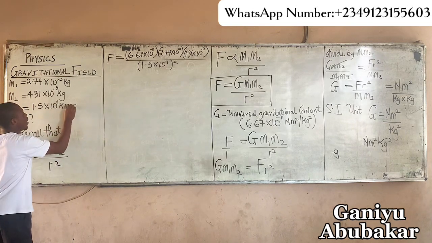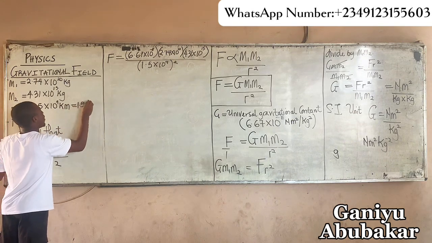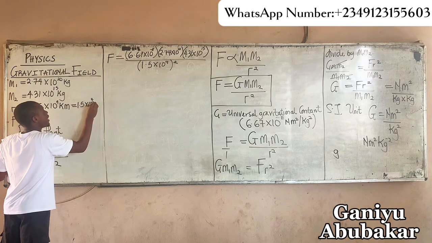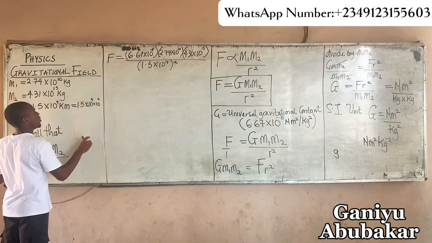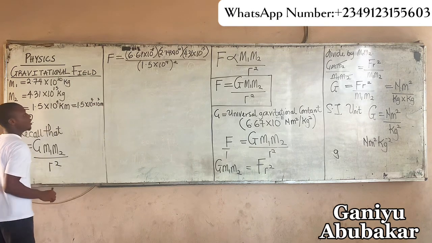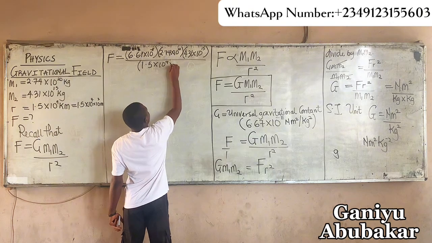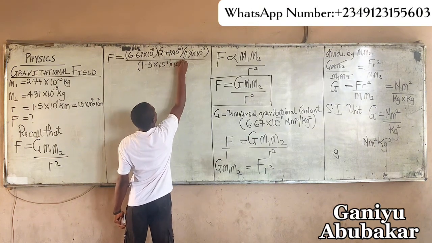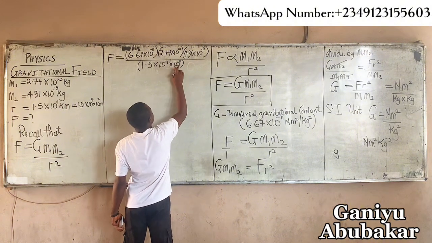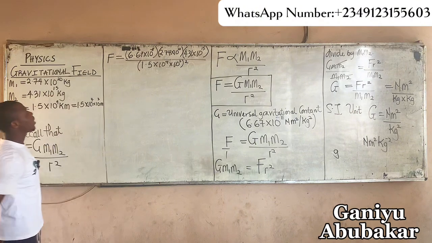In essence, I'll have 1.5 times 10 to the power 4 times 10 to the power 3, since kilo is 10 to the power 3. Now I have my meters here. Then I'll have my square here.